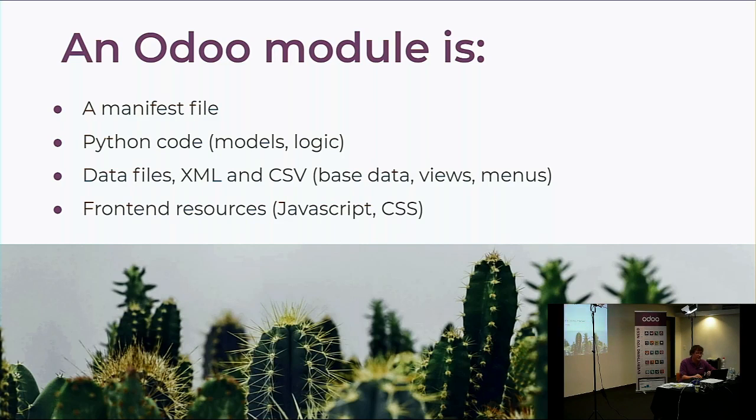Some data files, generally in XML and CSV, that contain all the static information of the module, like the base data, the demo data, the view definitions, the actions, or the menu items. And sometimes framework or front-end resources, generally JavaScript or CSS files that contain the UI component definitions and the styling rules that you will use.